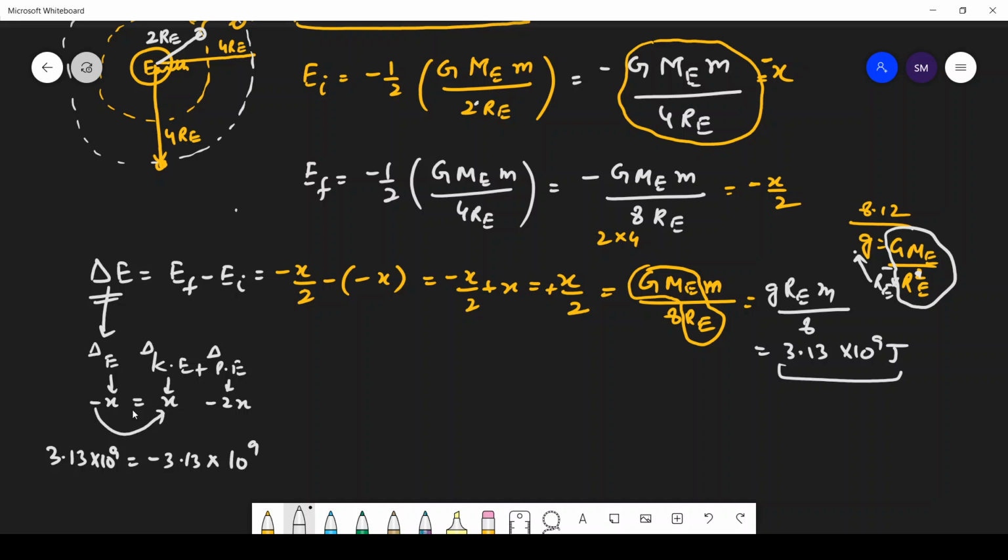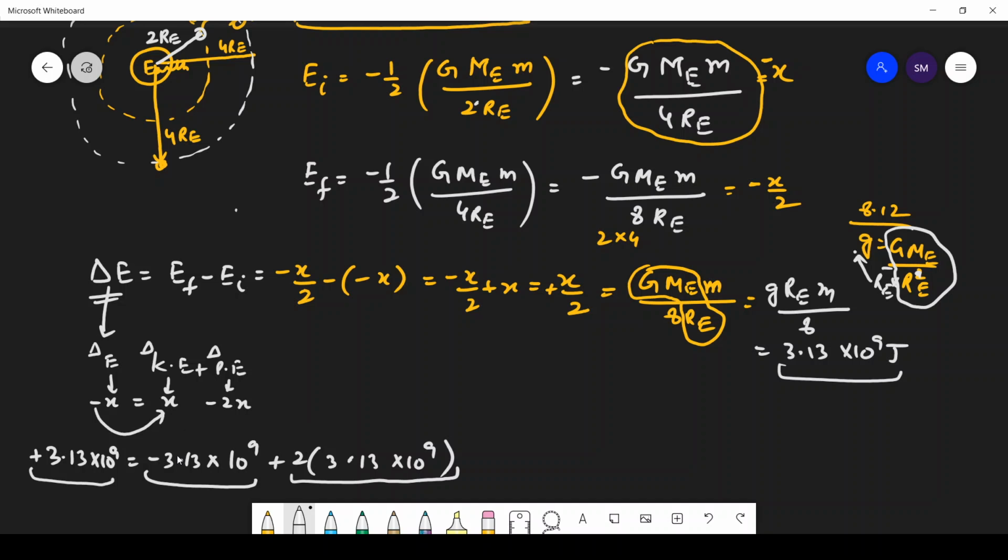Now the change in potential energy has the same sign as the change in energy, which is positive, but twice of this: 3.13 into 10 to the power 9. So this is your change in potential energy, this is your change in kinetic energy, and this is your change in net energy. I hope you have understood this discussion, students.